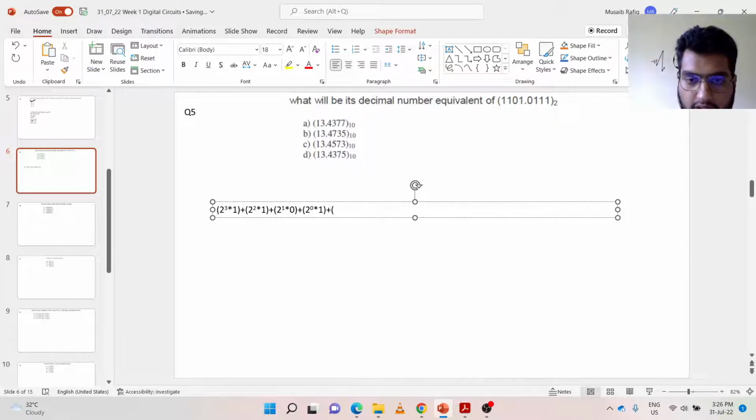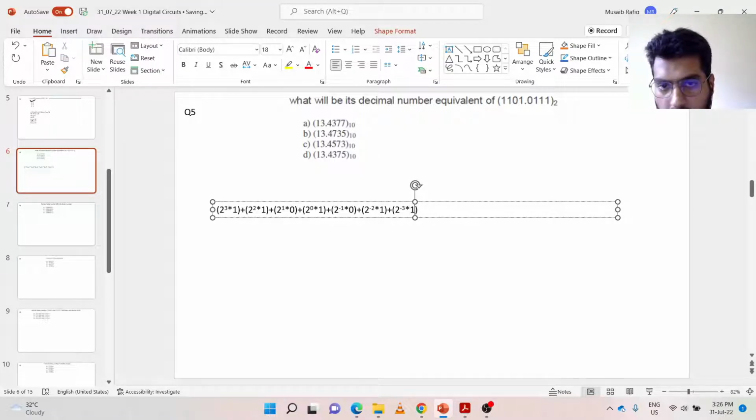So here it is written as 2 to the power minus 1 multiplied by 0, since the value here is 0, plus 2 to the power minus 2 multiplied by 1, plus 2 to the power minus 3 multiplied by 1, plus 2 to the power minus 4 multiplied by 1.